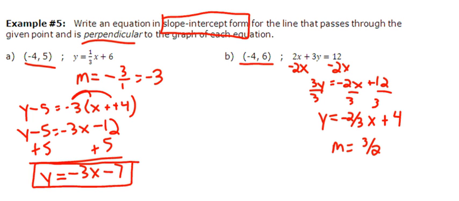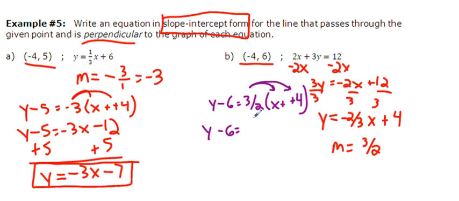Here's my point. So I'm going to write it in point slope form. Y minus 6 equals 3/2 times x minus negative 4. Minus the negative makes plus a positive. And now I'm ready to distribute because I want my answer to be solved for y.